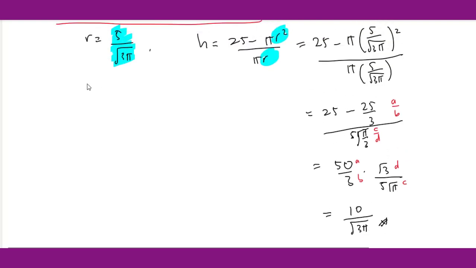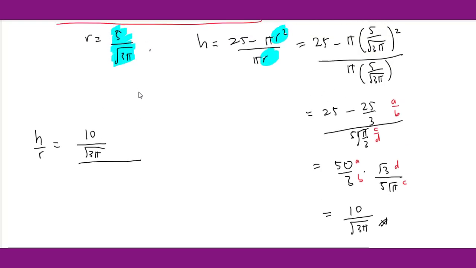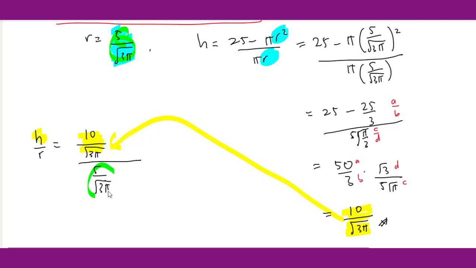Now find the ratio between h over r, which is equal to 10 over root 3 pi over 5 over root 3 pi. This is the value for h and the value for r, to find the ratio and simplify.